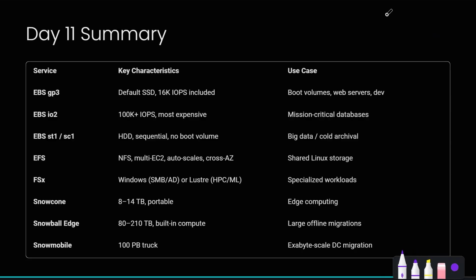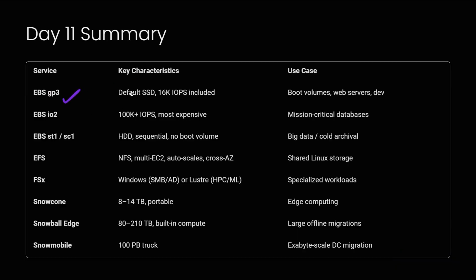And that's a wrap on the content for day 11. Let's do a really quick rapid fire recap using this cheat sheet on the screen. So let's say default boot drive for the normal server. What do you use? GP3. Crazy fast database performance, that is EBS IO2.